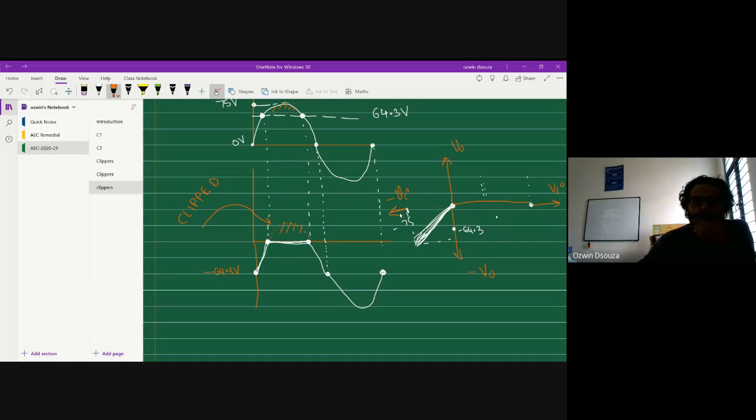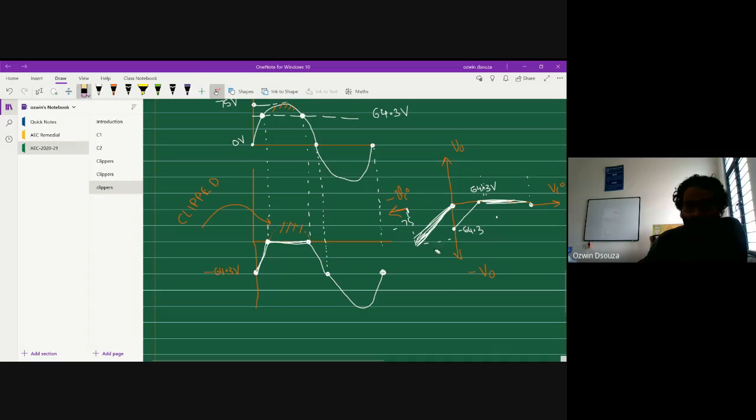So what happens? It goes in this direction, and somewhere it becomes 0. And at what value does it become 0? When your input is at the 64.3 volt level, and from there onwards, it stays at 0 volt level.